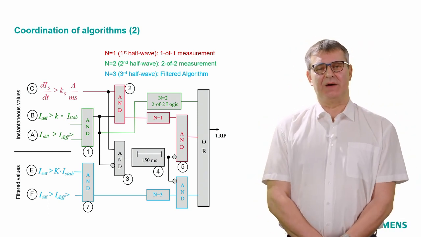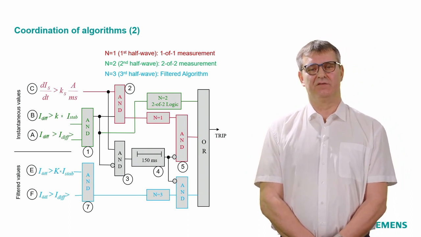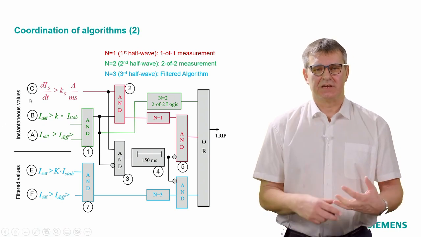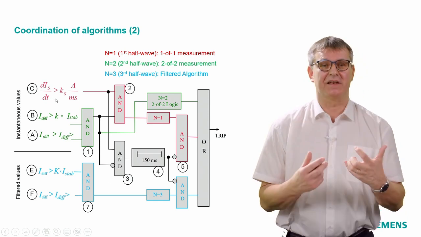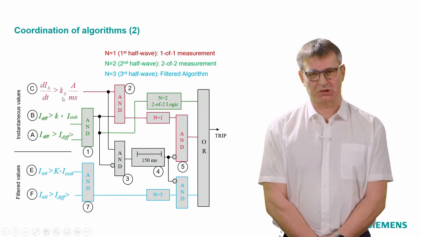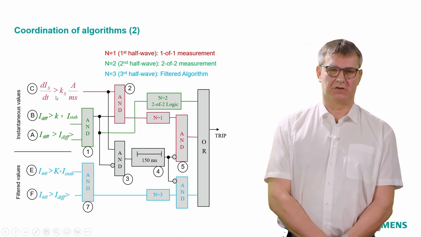We have here the jump of the stabilization current. We have criteria C fulfilled. And here, if I have really a training with participants online, I ask every time, okay, we have the jump of the stabilization current. Is it now an external fault or is it an internal fault?